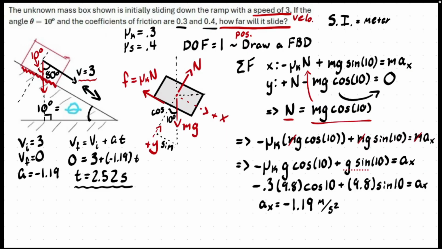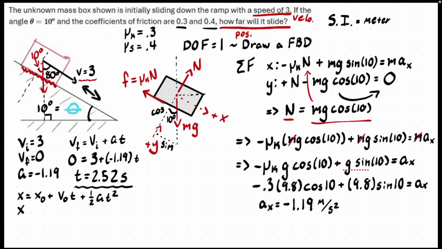And then now we can do our final step in solving for our distance. We're going to use our kinematic equation for distance, where the final distance equals the initial distance, or x naught, plus v naught, or vi, you can use those interchangeably, times time, plus 1/2 a t squared. So let's plug stuff in here.